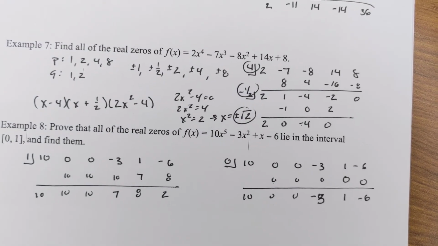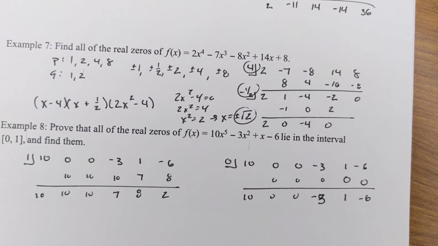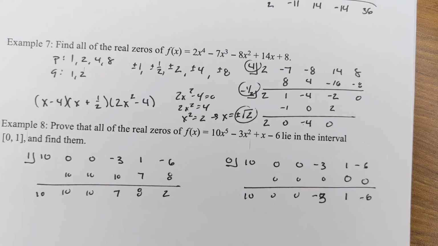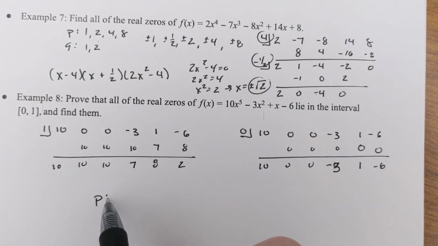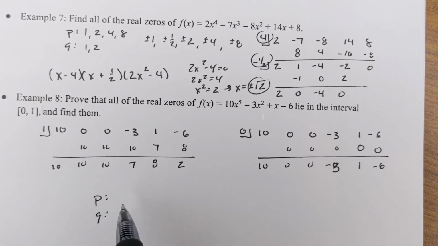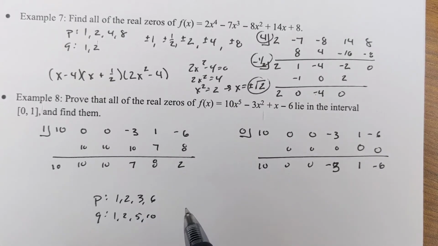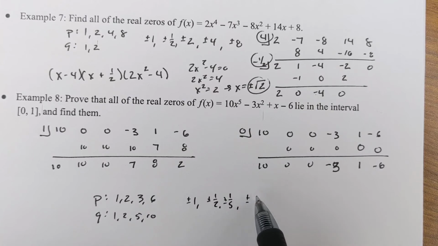Now, we'll come up with the rational possibilities first. So p over q. P is the factors of 6, so 1, 2, 3, 6. Q is the factors of 10: 1, 2, 5, 10. So we've got 1 over 1, 1 over 2, 1 over 5, 1 over 10.